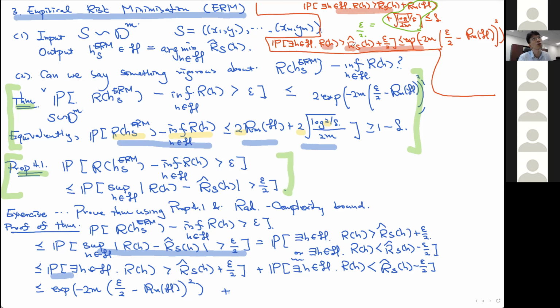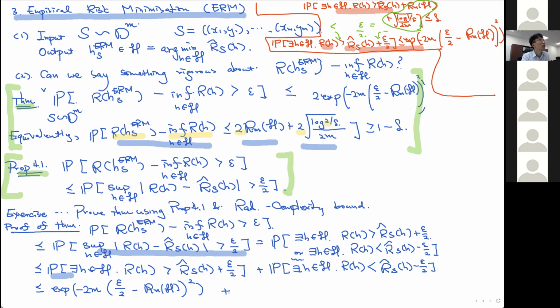So we can now think about the version where risk is too small compared to the empirical risk, which means we can replace this greater than in terms of less than, this plus in terms of minus. This means the risk is too small compared to the empirical risk. That's going to also be bounded by exact same probability, and the proof is going to be exactly the same.